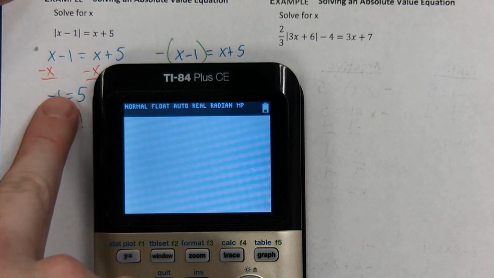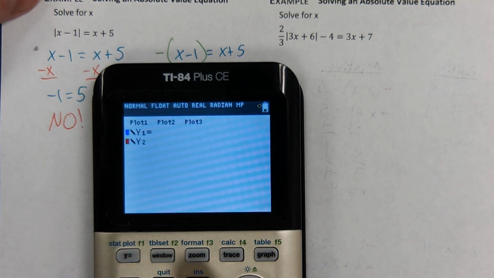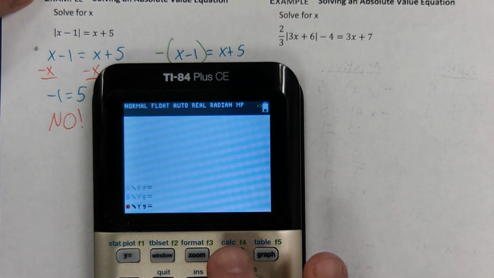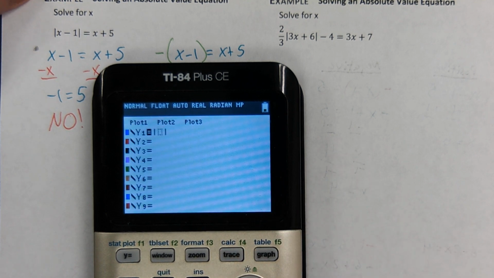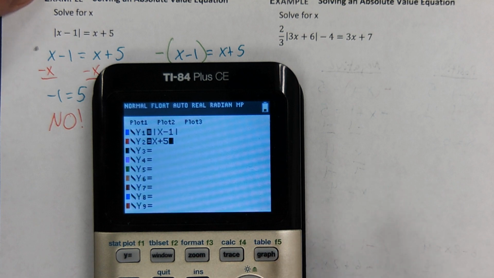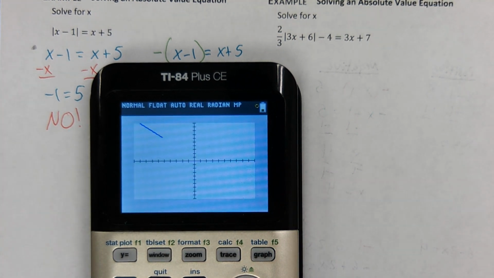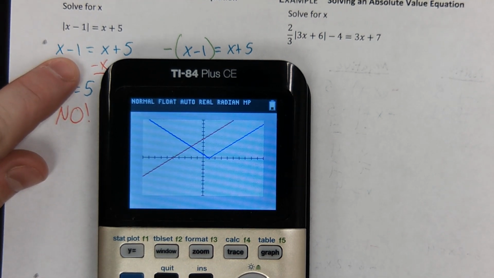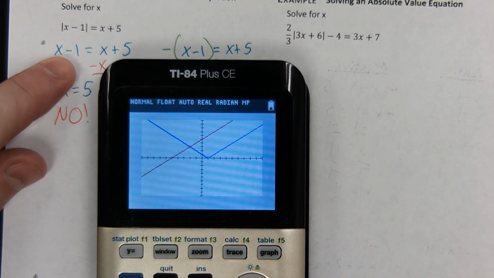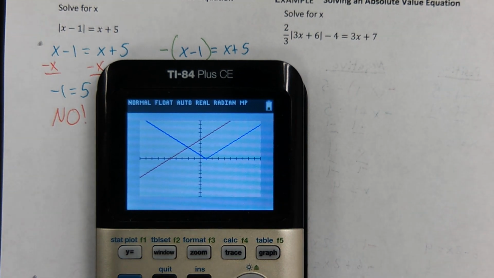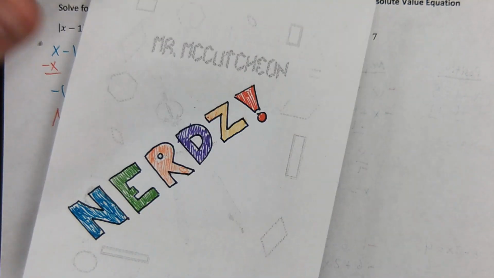So this thing was parallel on one side, and that's why they didn't cross. The red line will be parallel on one side. And that's why there was only one solution. Because over here, we attempted to figure out where these two parallel lines intersect. Thanks, nerds.